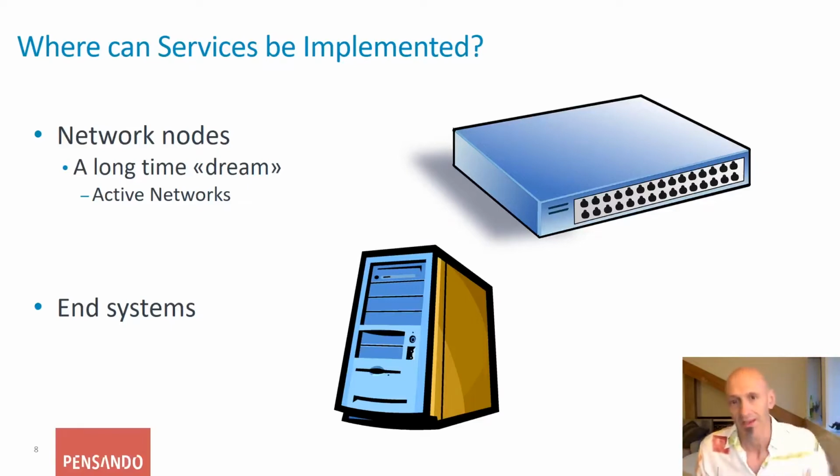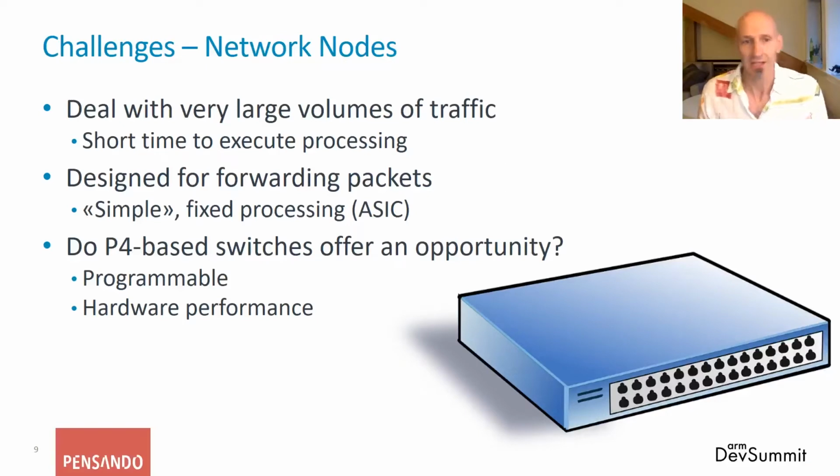For example, years ago, we were talking about active networks where packets would contain instructions on what devices had to do on them. And that's just one flavor of implementing additional services in network nodes, or we could implement those services in end systems. So let's take a look at the challenges that we have in either of those cases.